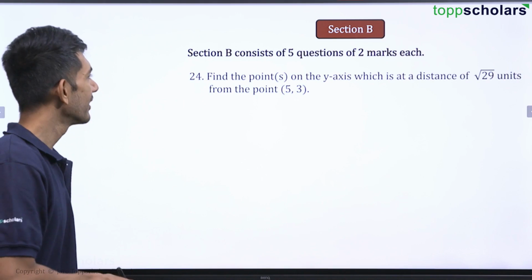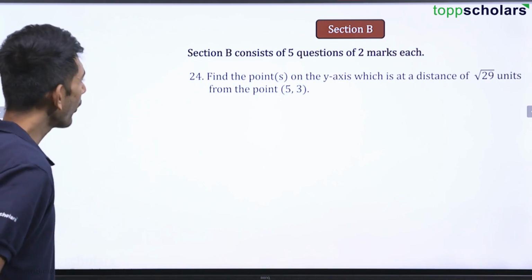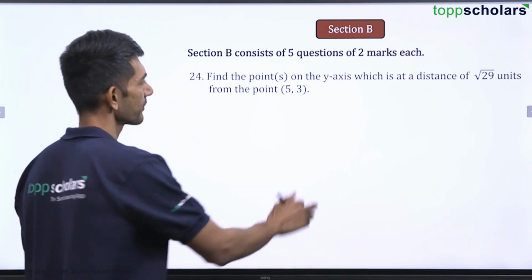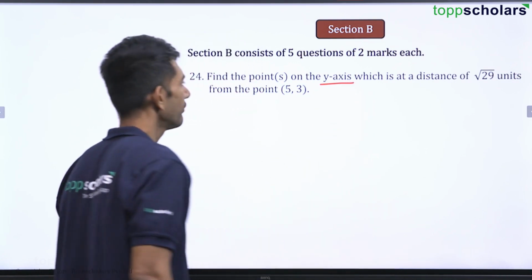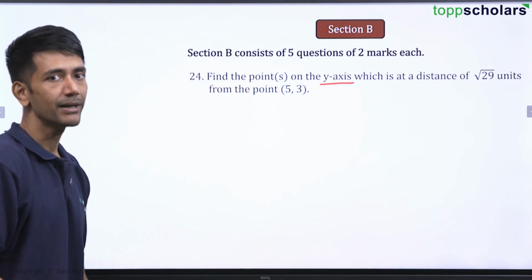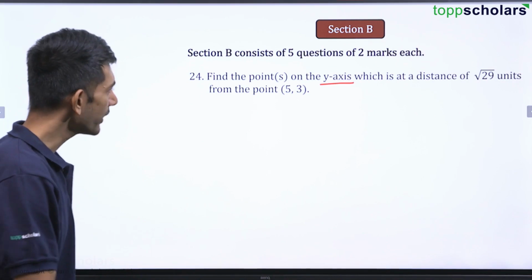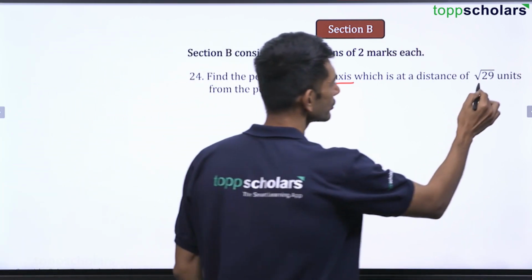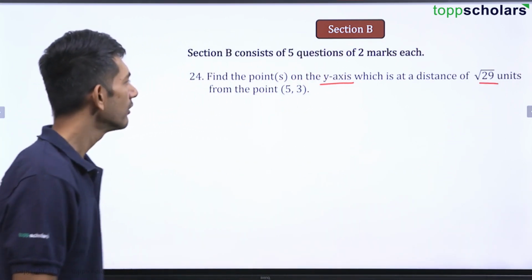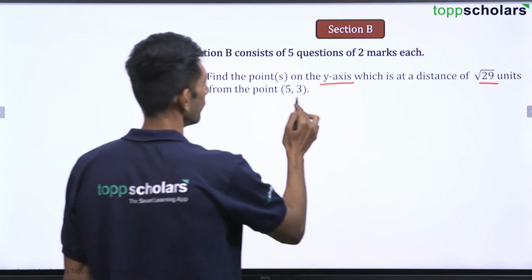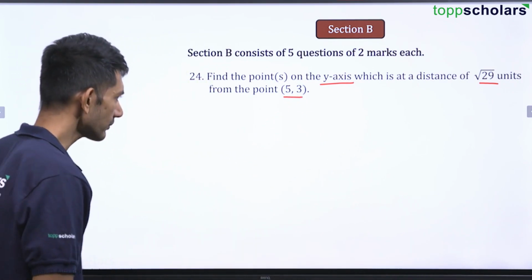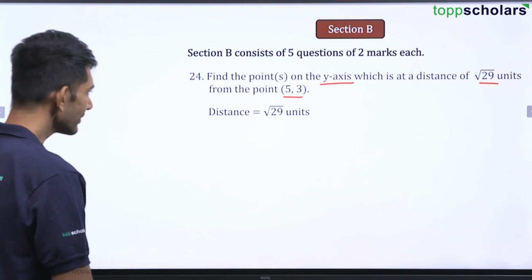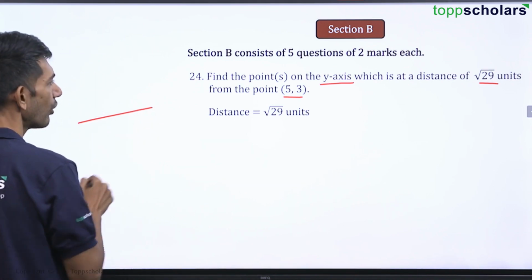Okay. Now the question says find the points on the y-axis. Find the point or points. It can be multiple points as well. Find the point or points on the y-axis which is at a distance of root 29 units from the point 5, 3. The distance is given of a point.